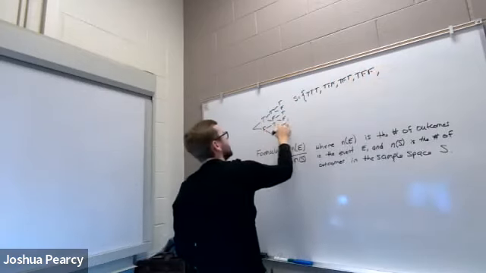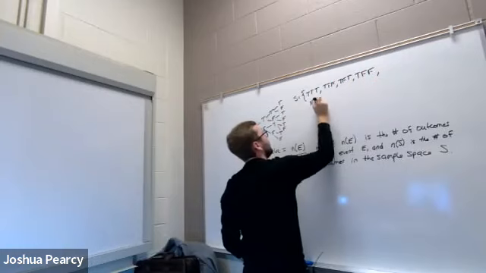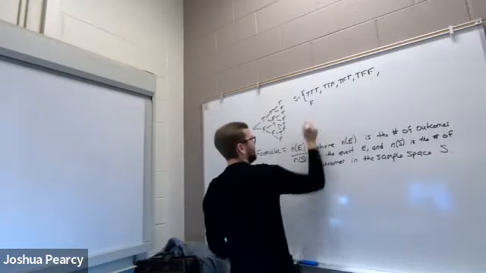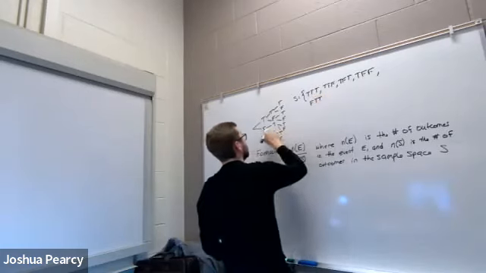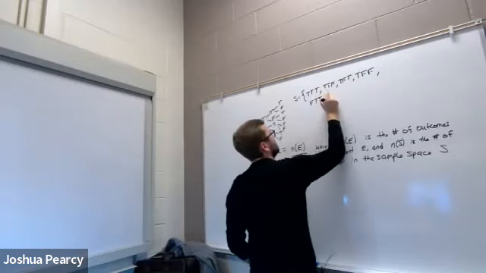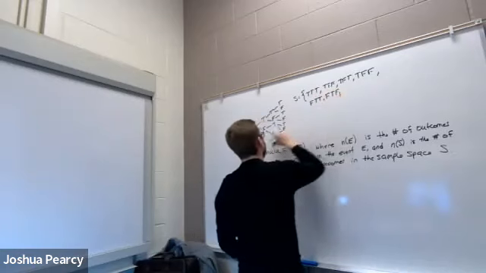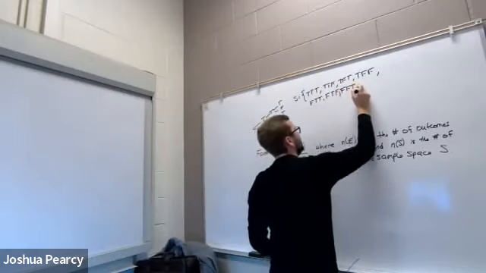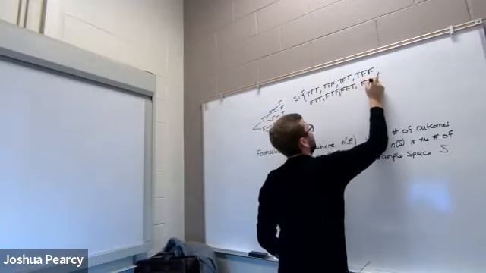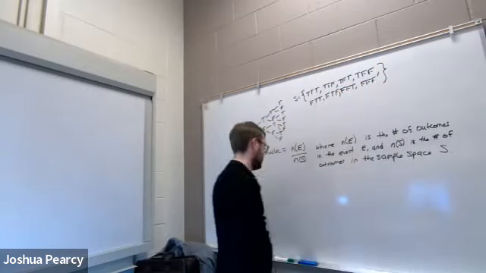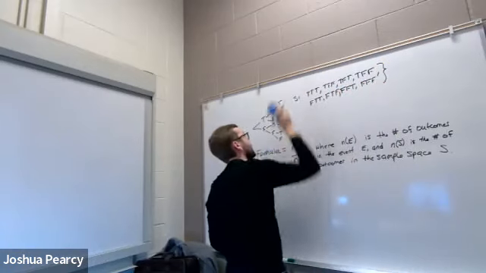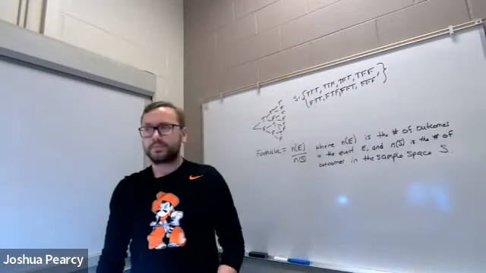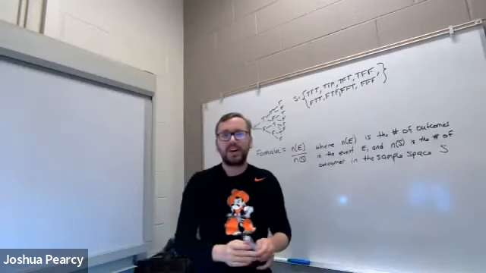Then false, true, true; false, true, false; false, false, true; and false, false, false. And that is the sample space S. Everyone agree with me on that?